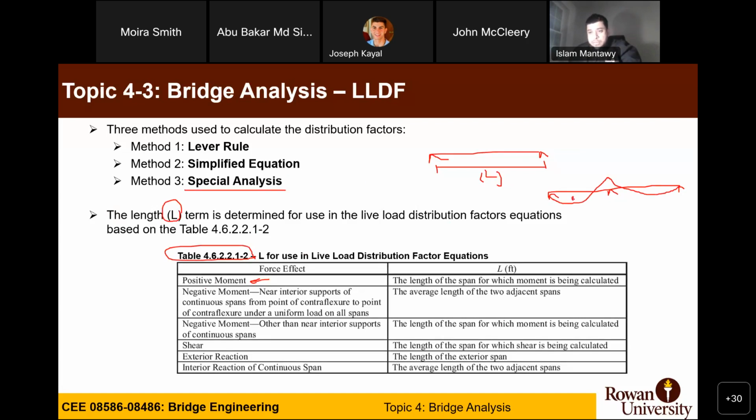In the positive sections, your span is the span under consideration. So span 1 is for the positive moment here, and span 2 is for this positive moment. And for negative, you take the average of the 2 spans, because you need to calculate a negative distribution factor for negative moment and for positive moment, etc.